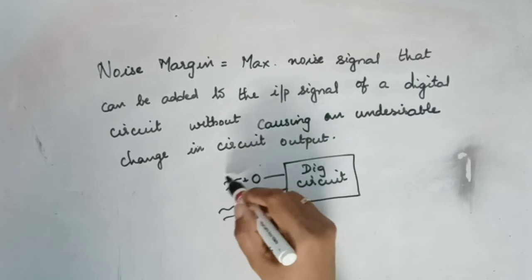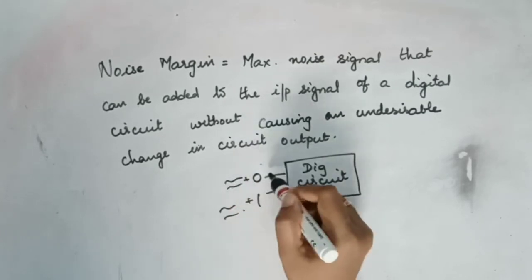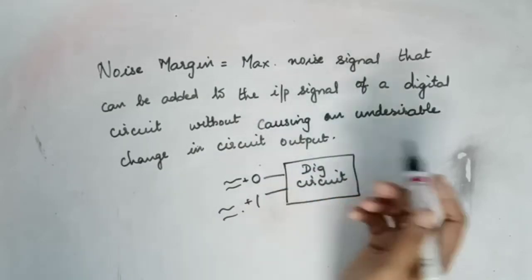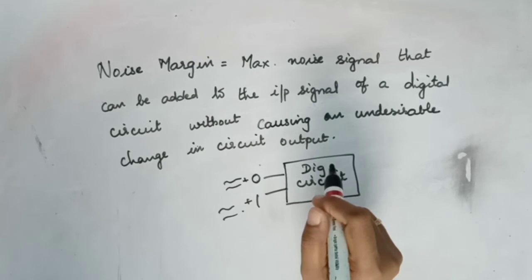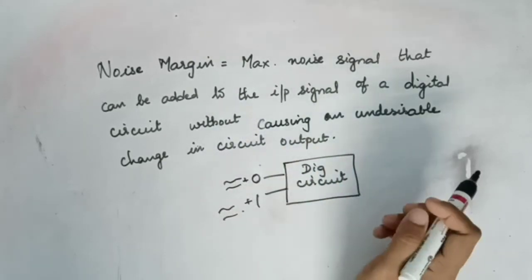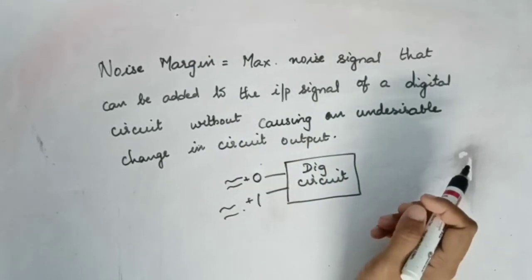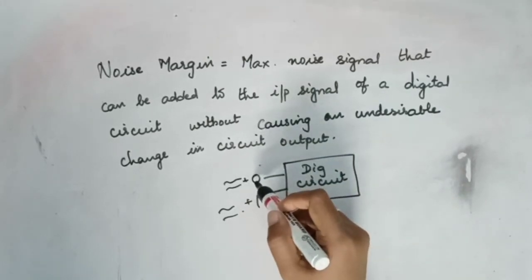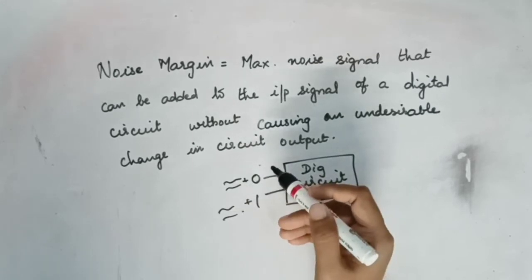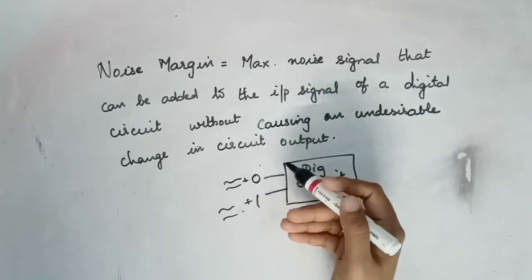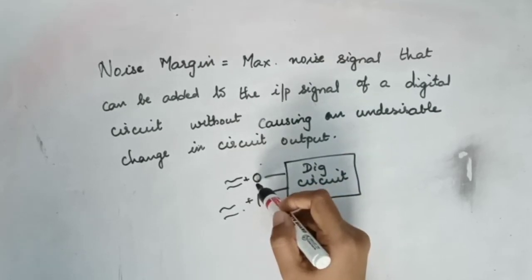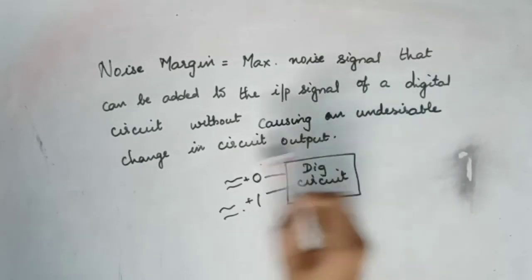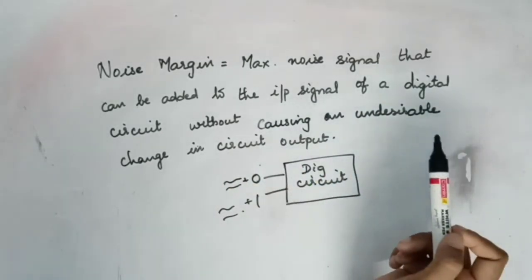Suppose the noise signal is so high that this 0 volt is changed to 1. Then the normal working of the digital circuit does not happen, because this is treated as a 1 instead of 0. Actually we are giving a 0, but due to the addition of noise, the 0 changes to 1. So there is an undesirable change in the circuit output.